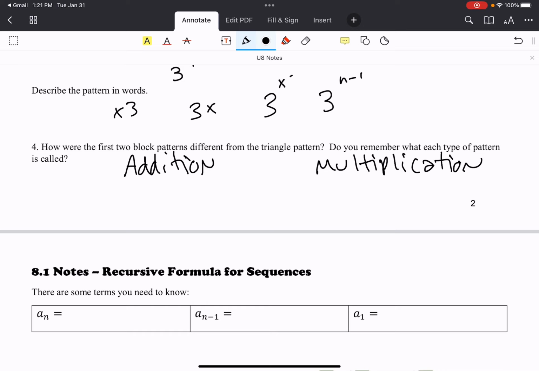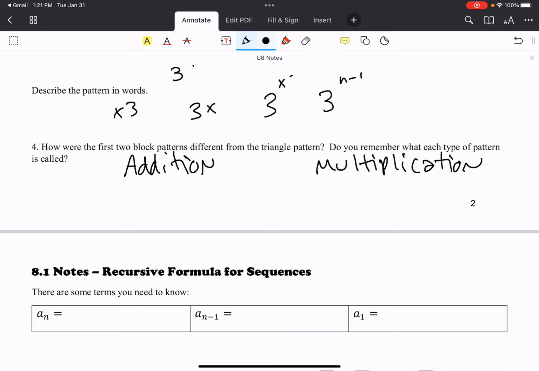Good. We have new sequence vocab words for that, okay? Now, here's what you've got to get into your mind. In sequence land, addition and multiplication are the only things that exist. Subtraction doesn't exist. I'm not subtracting, I'm adding a negative, okay? So I'm not dividing anymore, I'm timesing by 1/3. And exponents don't exist.